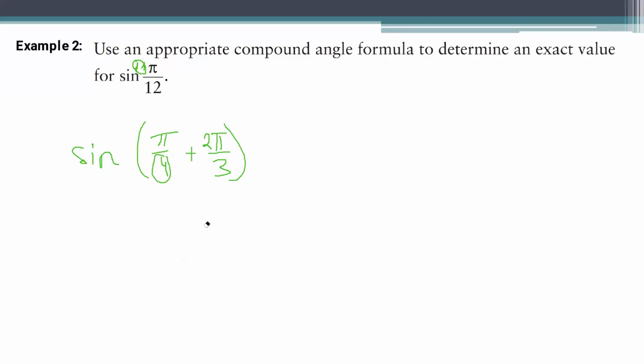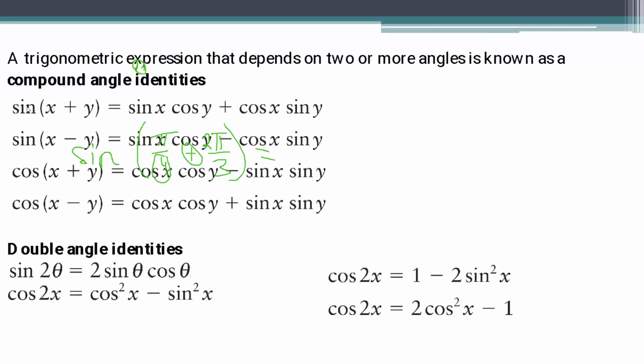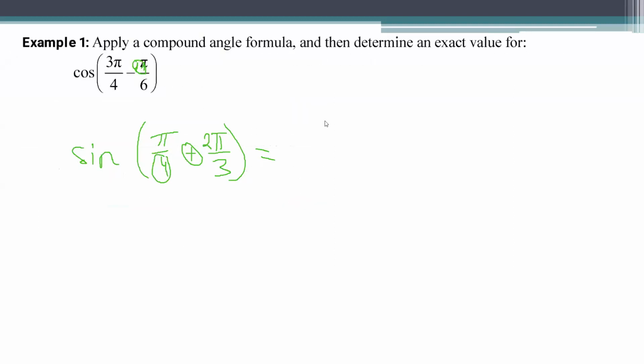Knowing that, let's use the compound formula to evaluate the sine function. Compound formula for sine, remember, if it's plus in the brackets, it's going to be plus in the formula as well. Now let's move to the first page. For sine of x plus y: sine x times cosine y plus cosine x times sine y.